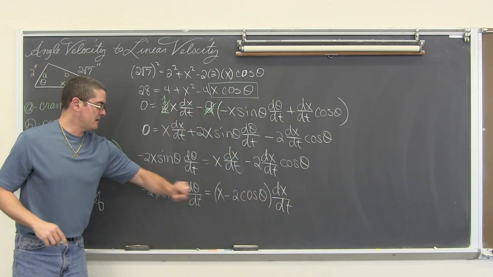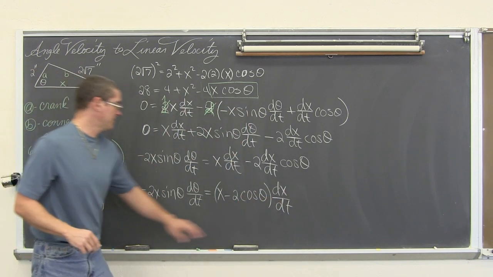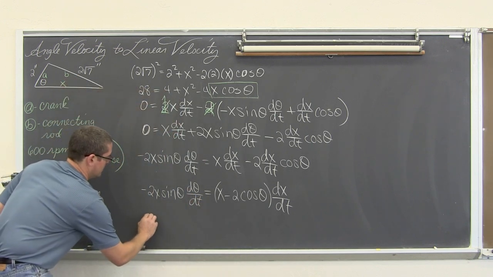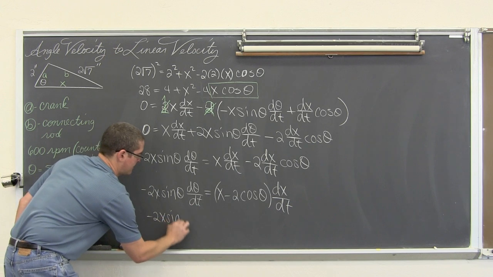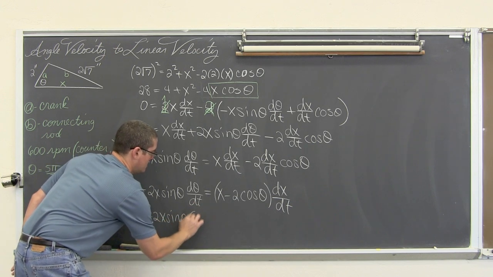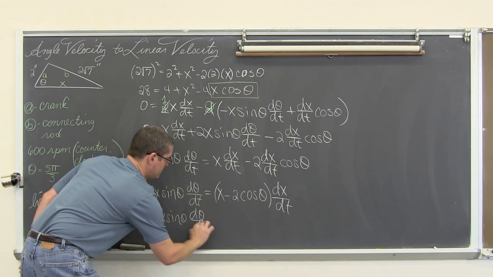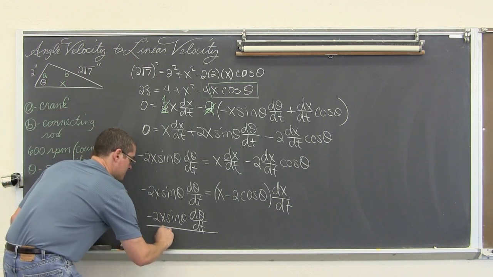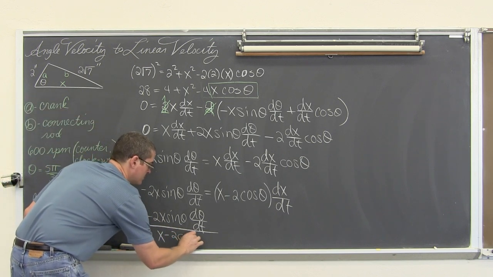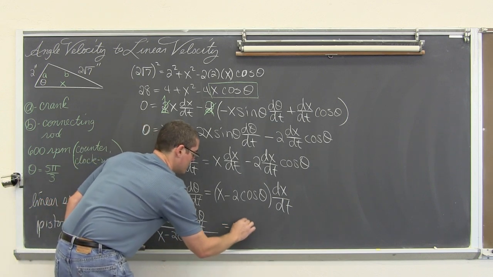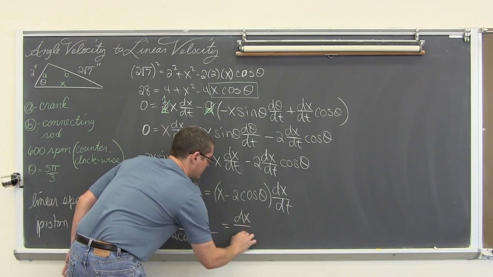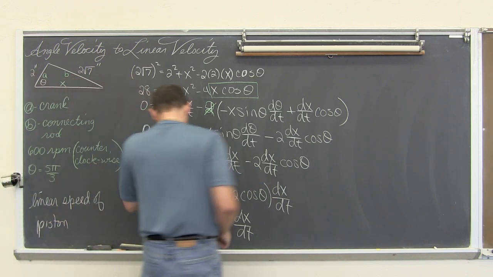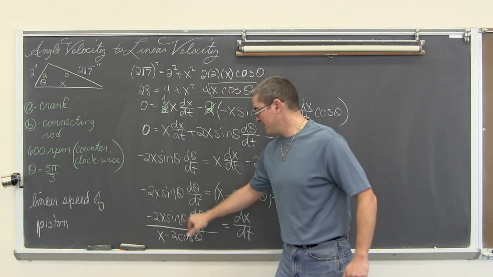Dividing both sides by x minus 2 cosine theta, we get negative 2x sine theta d theta dt all over x minus 2 cosine theta, which is equal to dx dt. Now, what do we got here? We have theta.